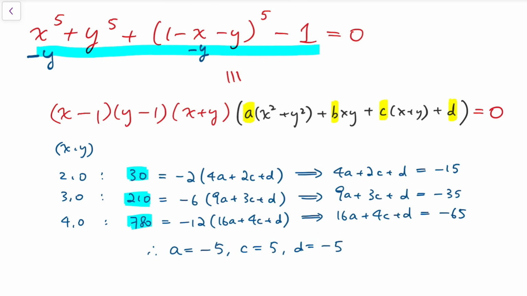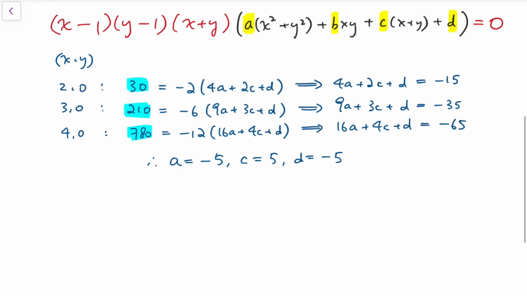So simplifying, we have three equations, three unknowns of a, c, and d, and we can solve it very quickly. And we have a equals minus 5, c equals 5, and d equals minus 5. And if we do something else, say if I put y equals 2 and x equals 2 as well, then we can actually solve for b as well.